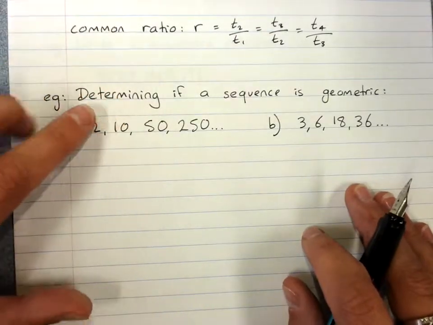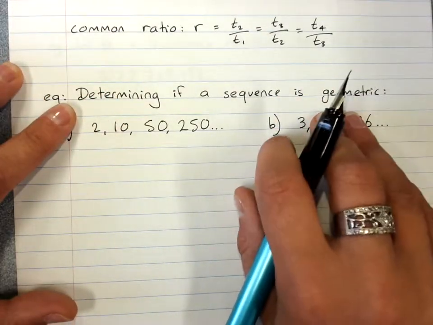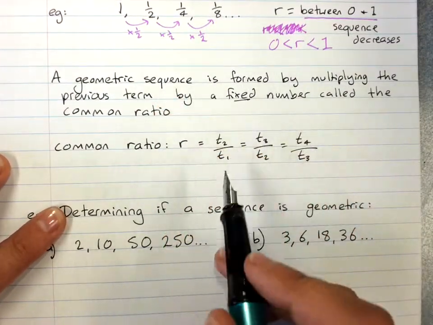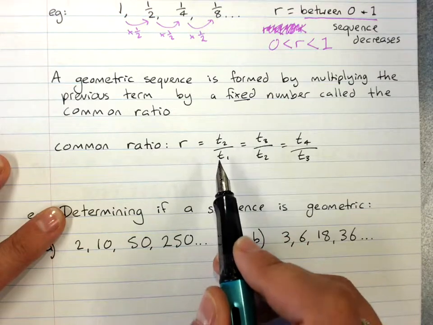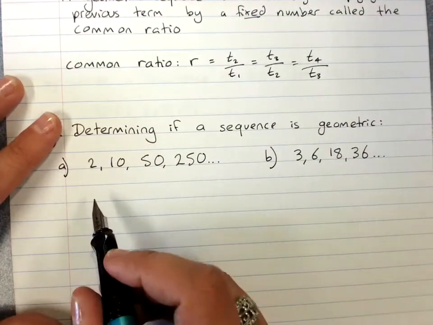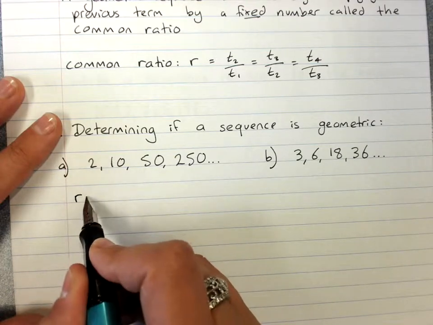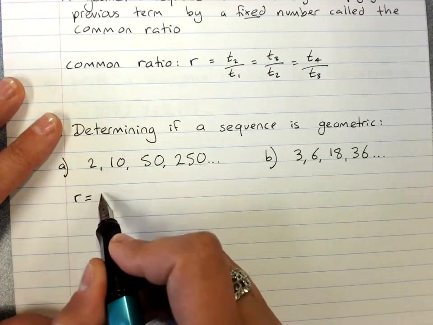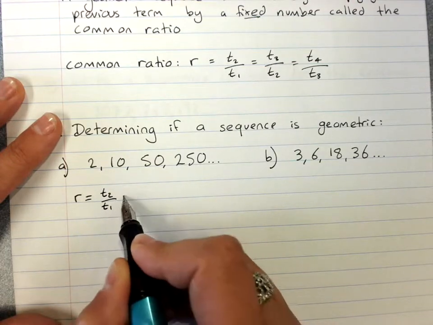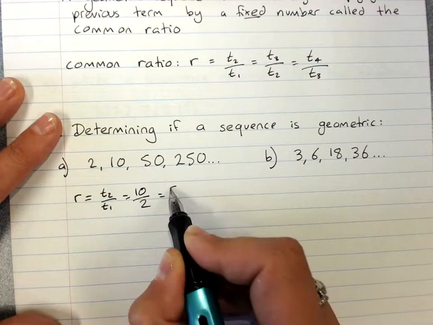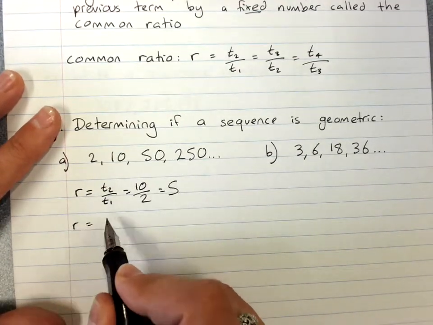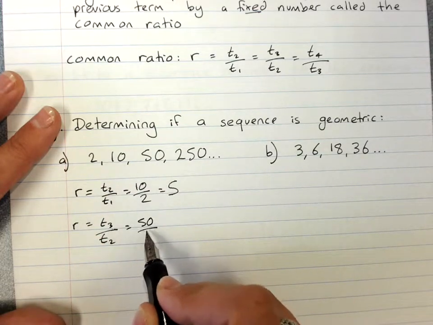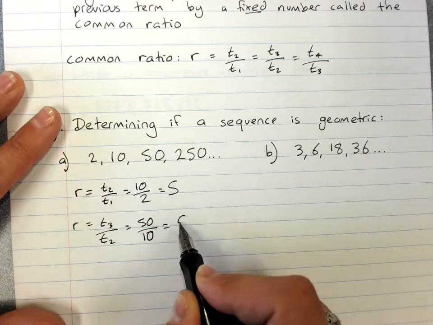So, to determine if a sequence is geometric, you'll remember to be geometric it must have a common ratio. So you must show that every term divided by the term before it equals the same amount. So here, the ratio is T2 over T1, which is 10 over 2, which is 5. The common ratio is T3 over T2, 50 over 10, which is 5.